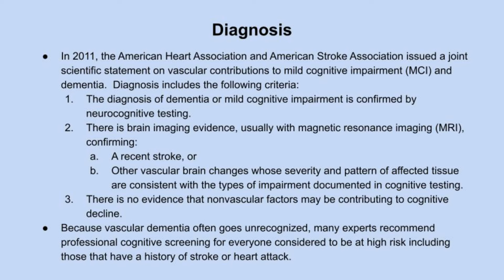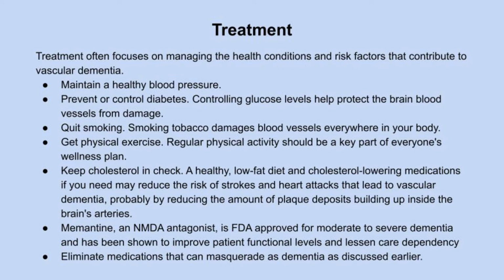So, of course, treatment often focuses on managing the health conditions and risk factors that contribute to vascular dementia. So this would be maintaining a healthy blood pressure, preventing or controlling the diabetes. So controlling the glucose levels helps protect the brain blood vessels from further damage.